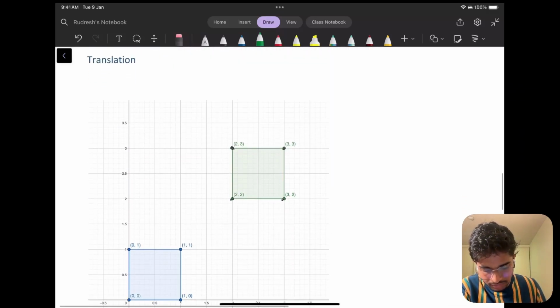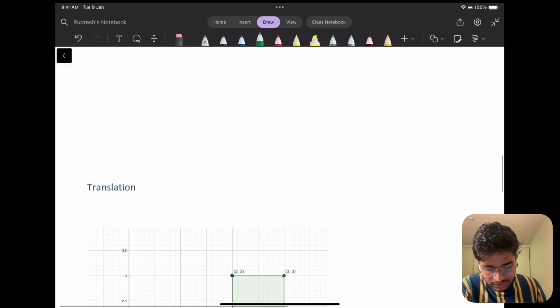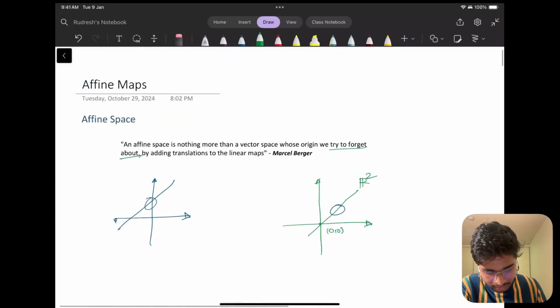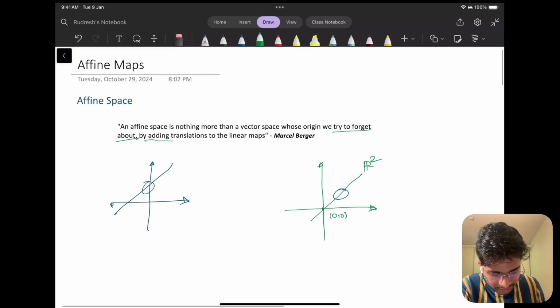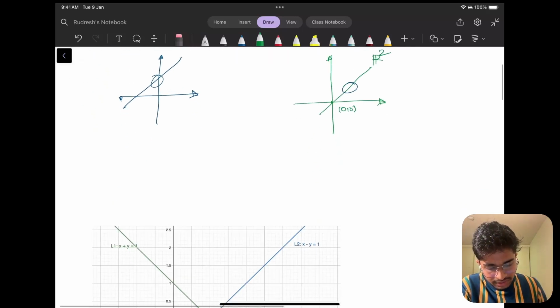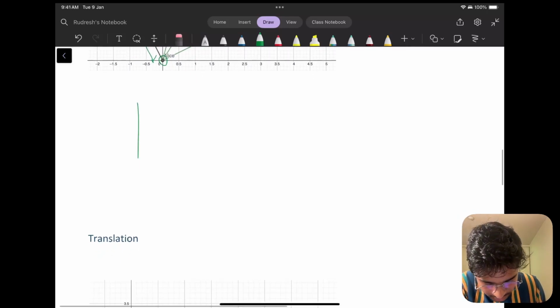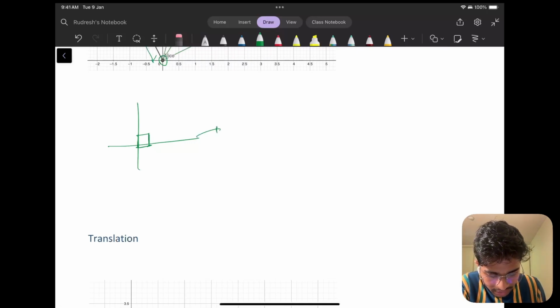So let's first discuss what linear maps are. Then we'll try to make sense of this part about adding translation to the linear maps. Let's say we have this unit rectangular region, and we could apply some linear map to it, and maybe it will rotate that region by some angle, or maybe it could stretch that region as well, maybe something like this.